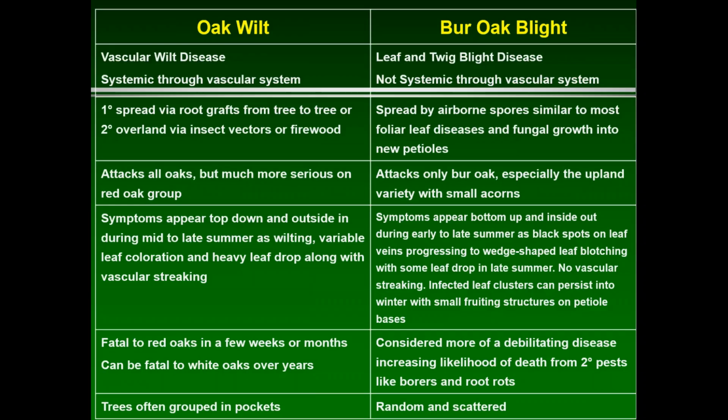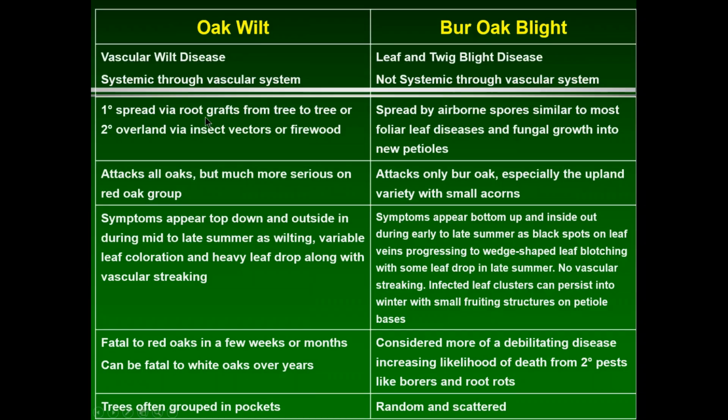But the more severe symptoms associated with Bur Oak Blight tend to be, we suspect, from more systemic issues such as two-line chestnut borer or the effects of Armillaria root rot that can have somewhat discombobulating effects on the trees in terms of nutrient and water movement.